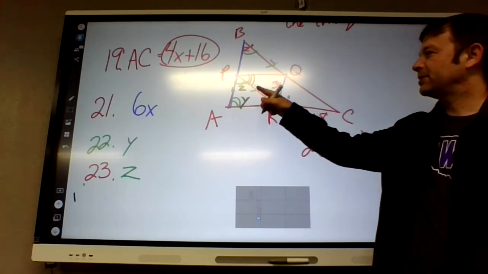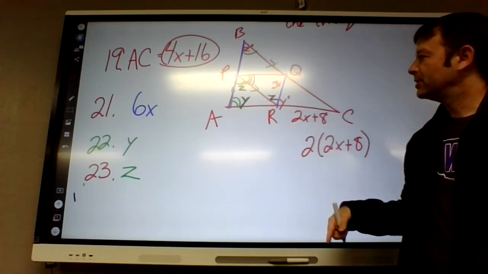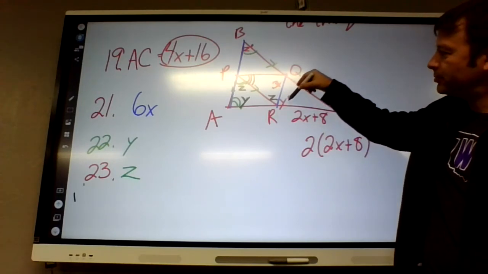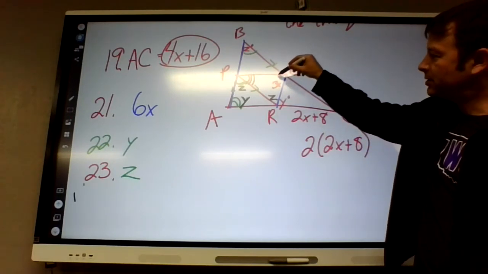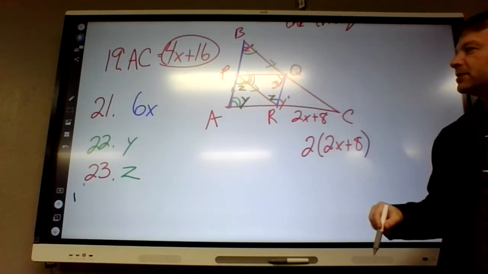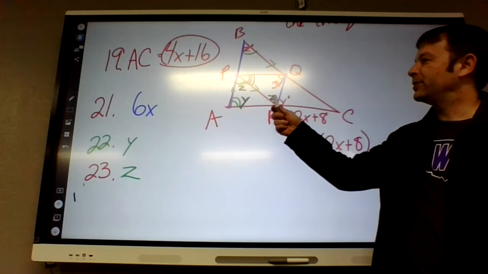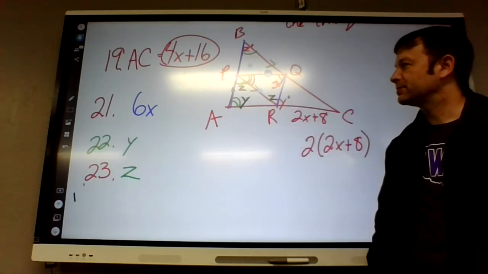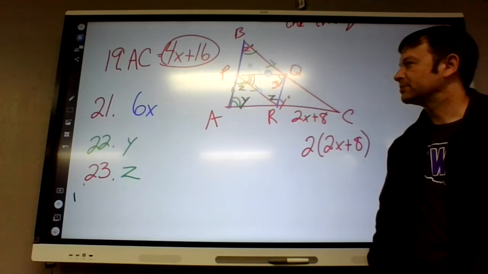So those are the same. This Y is alternate interior with this one. If I know this is called Z and this is called Y, what could I call that? ZY. Or X.